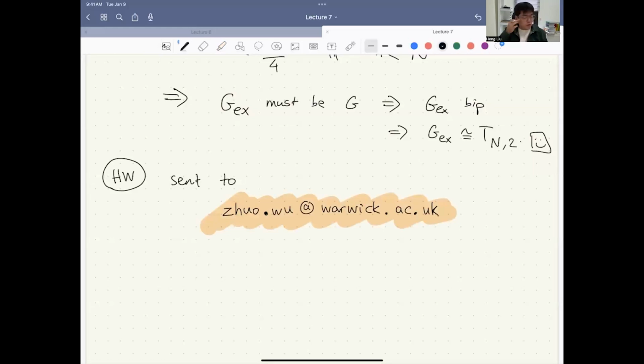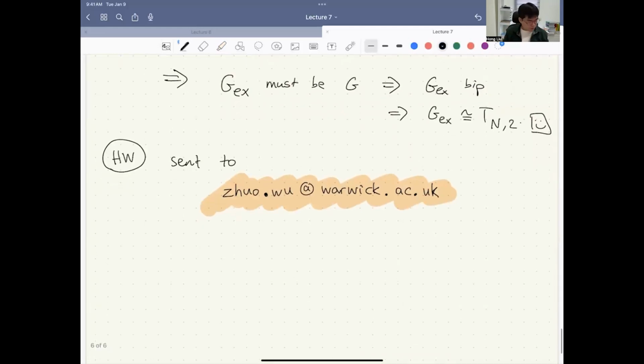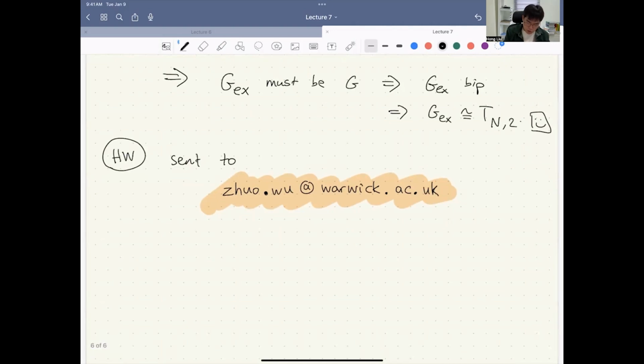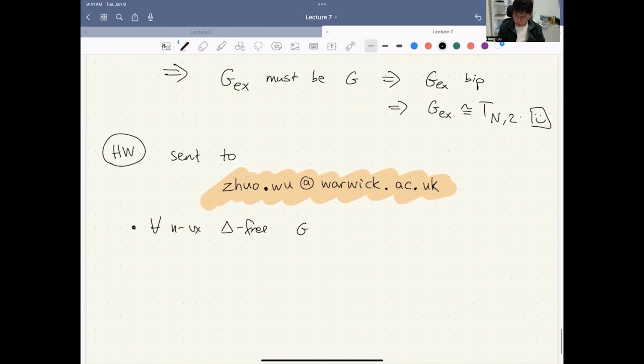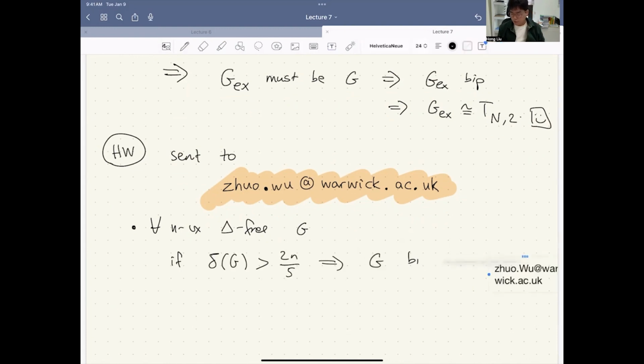In the first homework, if you recall, one of the problems says that for any n-vertex triangle free graph G, if the minimum degree of G is bigger than 2n/5, then G must be bipartite.